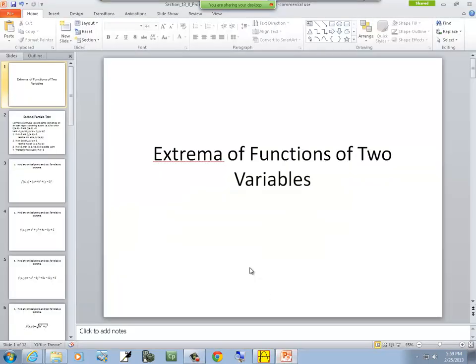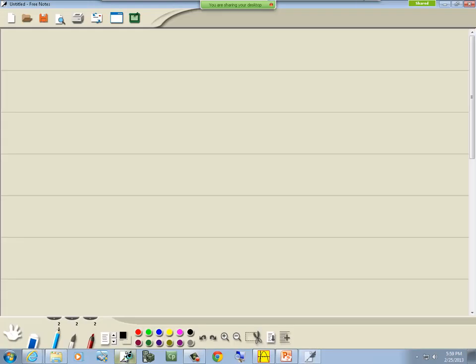Let's take a look at extrema of functions of two variables. Remember, relative extrema, relative min and relative max, refer to where you have a low point or a high point relative to what's around it. For example, not that I can draw it, but we have a 3D shape coming up here in some form.